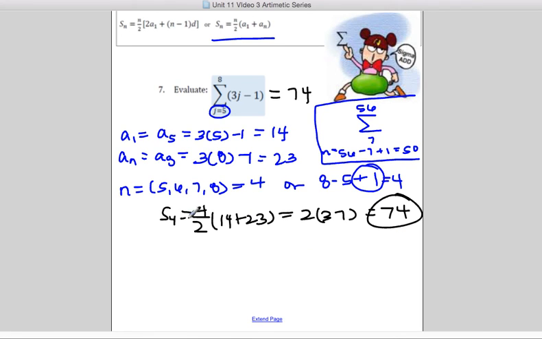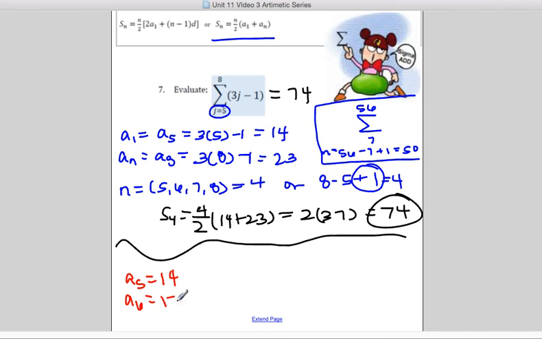Once again, let's say I totally forgot the equation. I want to get this right on my quiz. Plug in 5. You would get out 14. We already did that. Then we plug in 6. 18 minus 1, so this is 17. A sub 7, 21. 21 minus 1 is 20. And a sub 8.